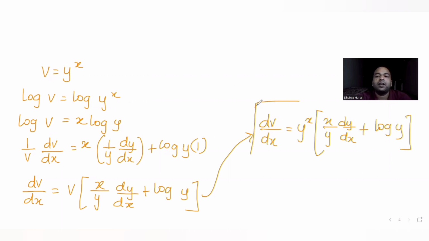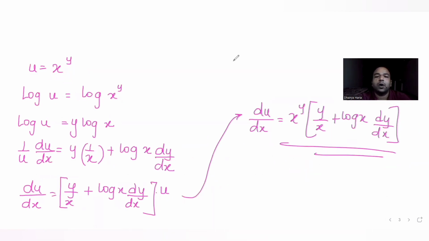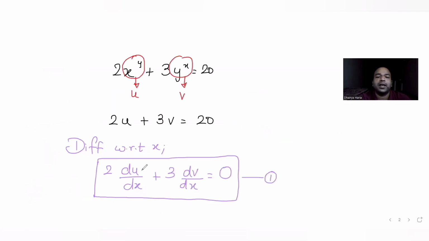Once I have dv by dx, let's mark that as equation 3. Once I also have du by dx, let's mark that as equation 2. I can substitute that in equation 1.